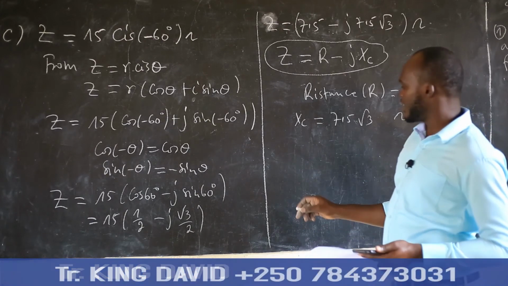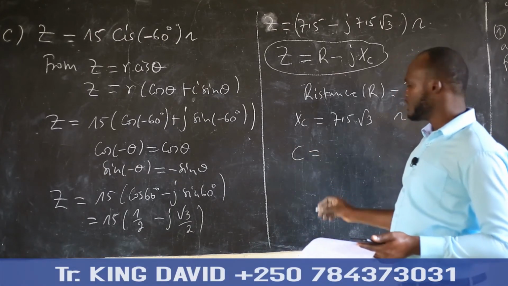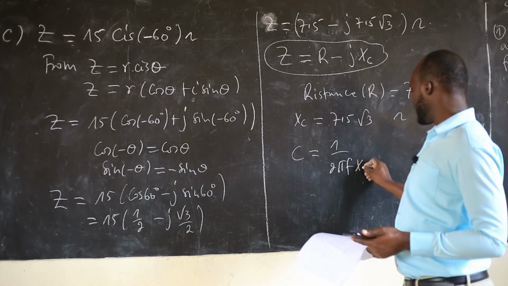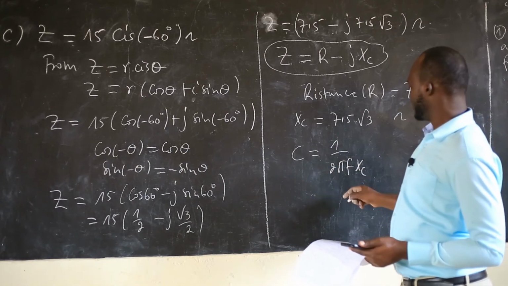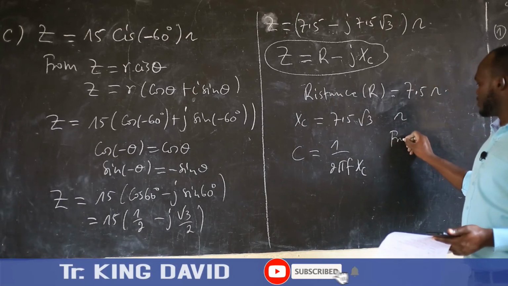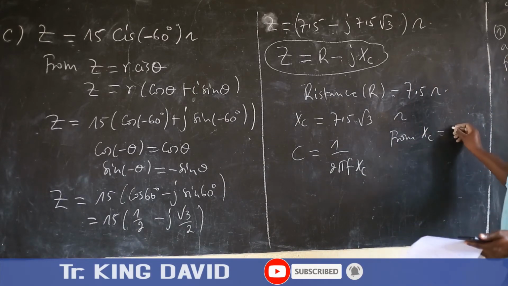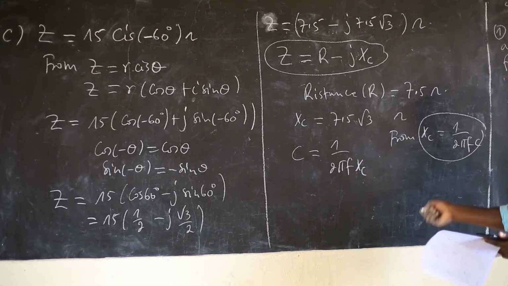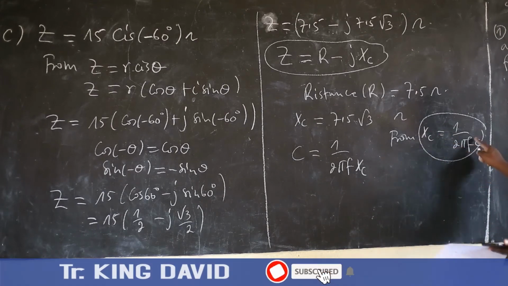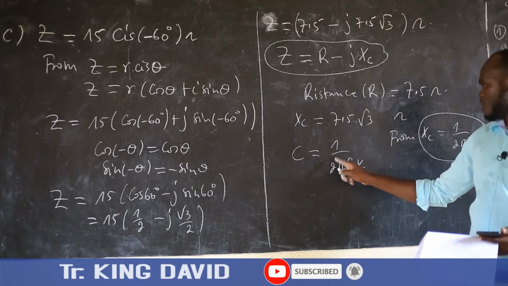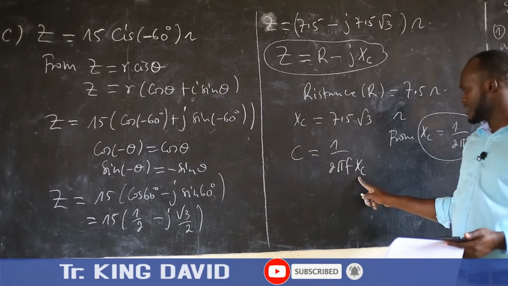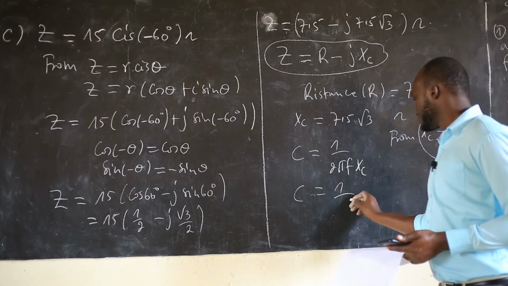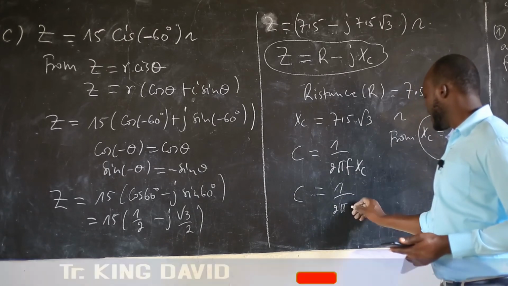So we have seen that capacitance equals 1 over 2 pi F XC, from XC equals 1 over 2 pi FC. Then finally, this C equals 1 over 2 pi F XC. So our capacitance equals 1 over 2 pi, what is F?